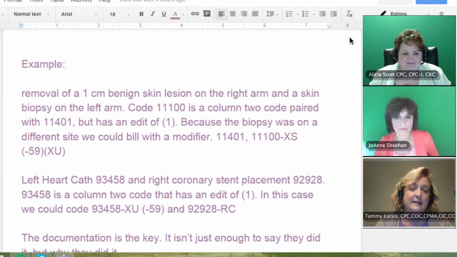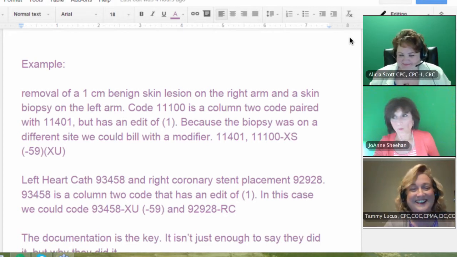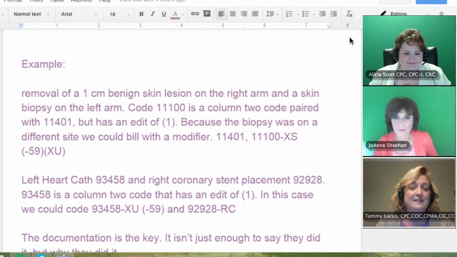Just a quick example. I guess I had 2. I was on a roll when I did this one. Removal of a 1 centimeter benign skin lesion on the right arm and a skin biopsy on the left arm. Code 11100 is a column 2 code when it's paired with 11401, but it does have an edit of 1.